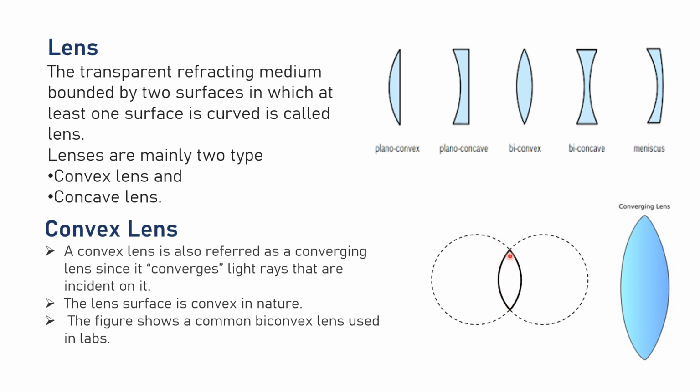These two are bulging surfaces, so that is why it is a biconvex lens. This one is a plano-concave lens, where one surface is concave, cave-like, and the other is plane. This is a biconcave lens. We are going to study these in our syllabus. So this is all about concave and convex lenses. Let's see more about them.